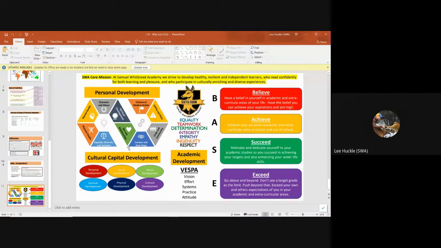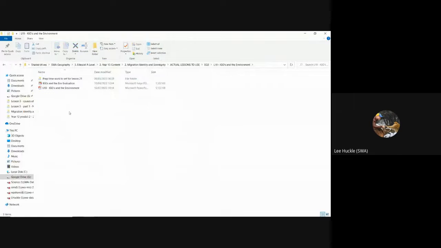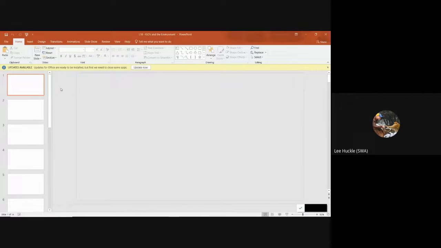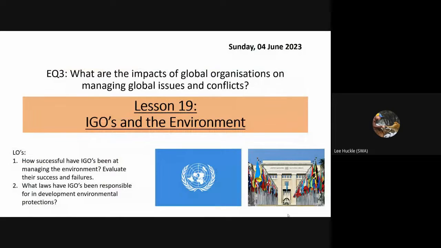And that led very nicely into the final lesson of EQ3, which is focusing in particular on environmental issues of the world and looking at the intergovernmental organisations focused particularly on the environment. So two jobs here: how successful have intergovernmental organisations been at managing environmental issues?